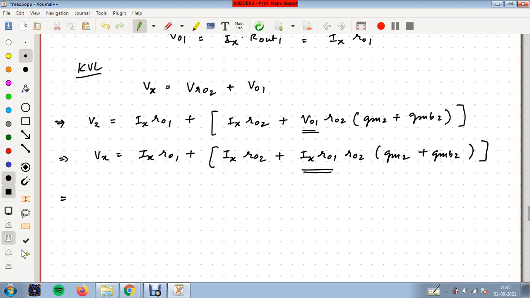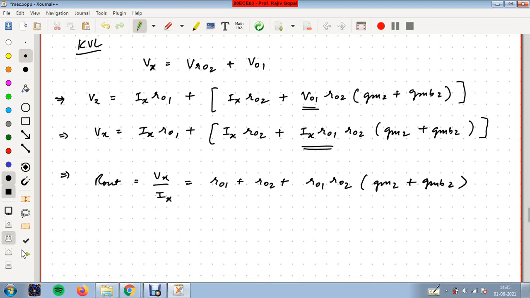Okay, try to simplify this on your own. I'll write what I get at the end. So Rout is equal to Vx by Ix, which is R01 plus R02 plus R01 R02 into GM2 plus GMB2.